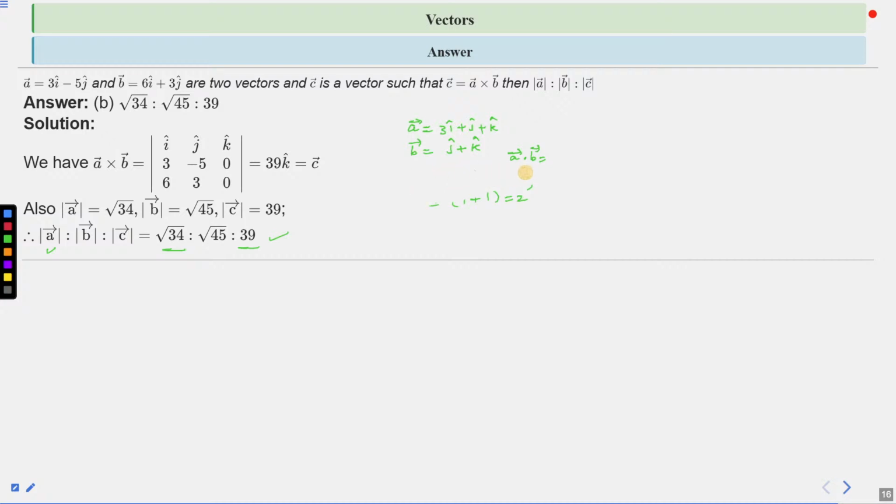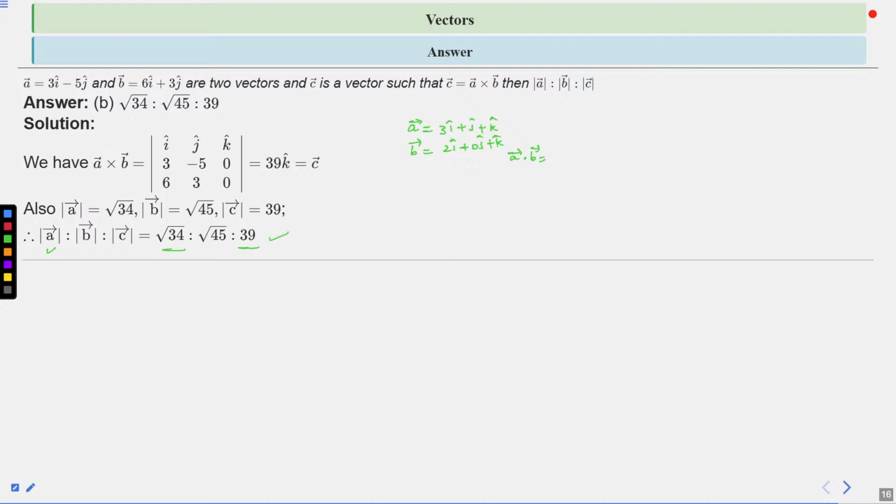Now one more question. The value of B vector is 2 I cap plus 0 j cap plus k cap.